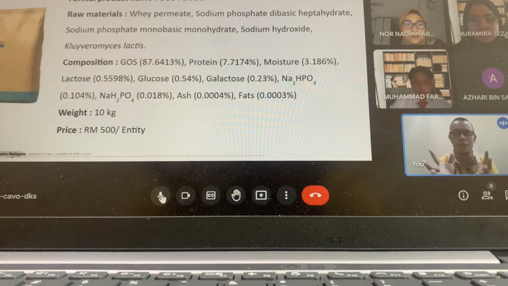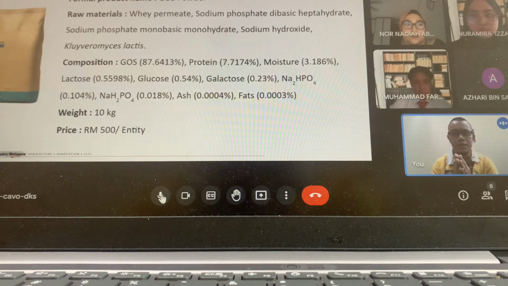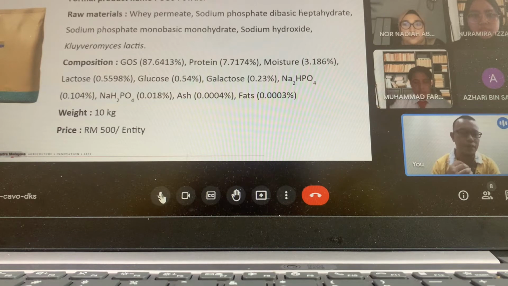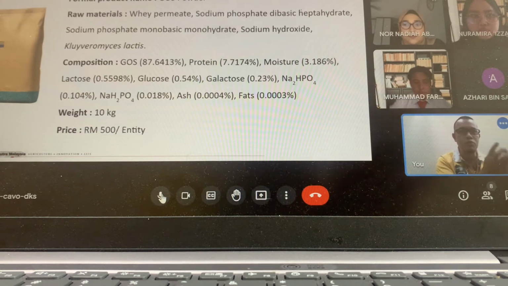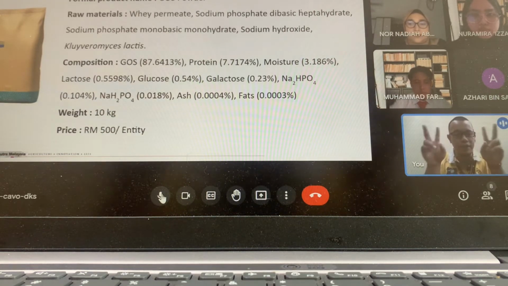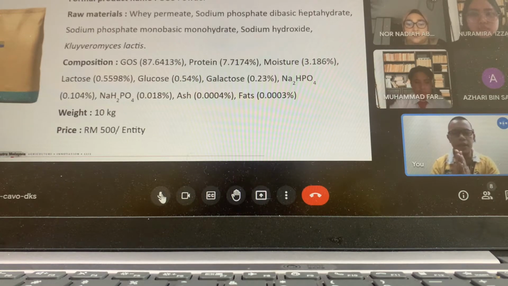Example, you want to sell this thing to the company who are making baby formula or infant formula, or for the kids, for the ice cream, or a good benefit for the kids. So this packaging must have a pink color and a little bit of drawing for the marketing. Okay? I'm talking about marketing. I'm not starting with the process first. Okay, so when you put a product description, you have to have this.